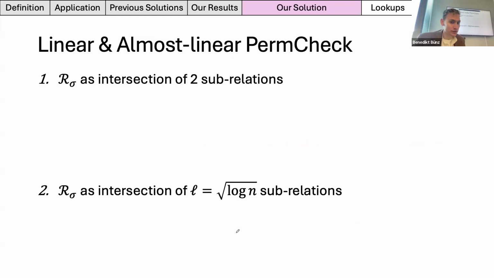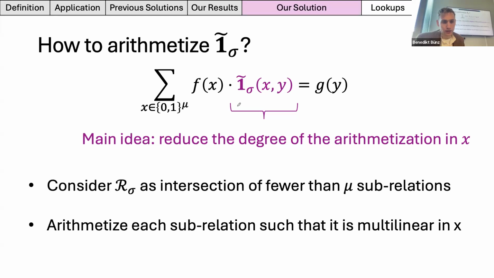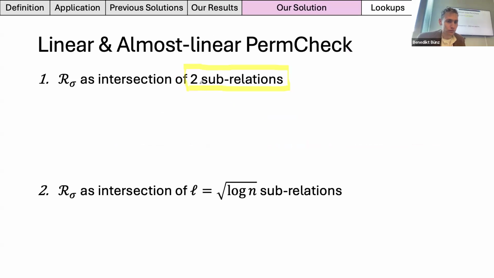Essentially we have two solutions. Option one doesn't quite work: if we directly arithmetize one sigma x, then it's quadratic in size. Option mu also doesn't quite work, because then the sum check complexity blows up. So what if we do two?